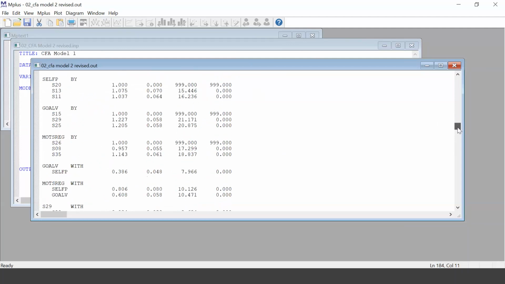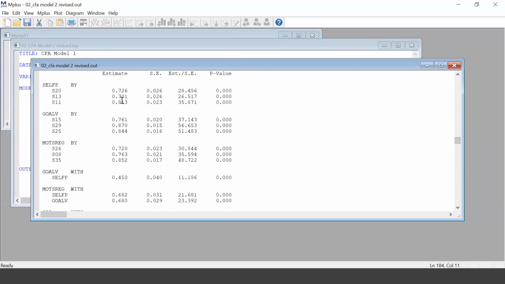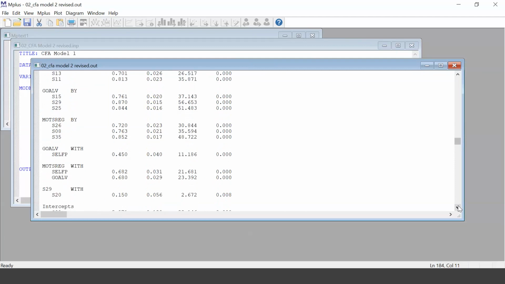If you look at the model results, let's go to the standardized model results, actually. You'll see that we still have really nice factor loadings, right? We still have very similar correlations among the factors, but what we see now is that the errors of S29 and S20 are slightly positively correlated with each other.